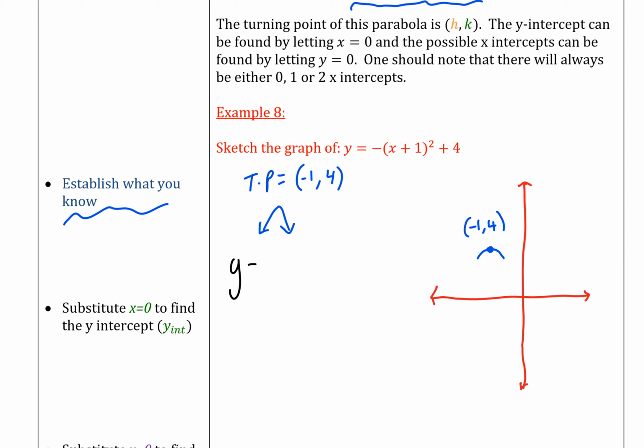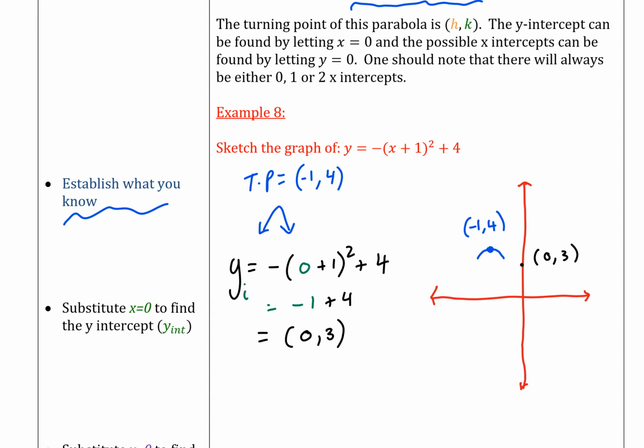So if y is equal to negative x plus 1 squared plus 4, then I can see that my y-intercept is equal to 0 plus 1 squared, then times by negative 1 plus 4. So I'm left with negative 1 plus 4, and that evaluates to 0, 3. So I know that this point here is 0, 3.